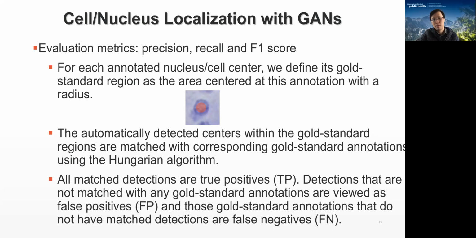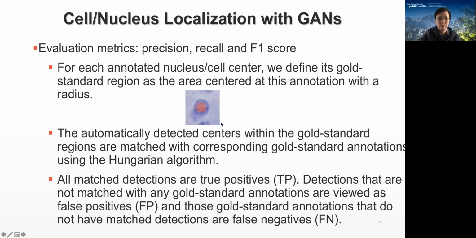For object detection it is a little bit different, and we define precision and recall in this way. For each annotation point in the images, we define the gold standard region, which has its center at this annotated point. And for any prediction inside this gold standard region, we say that this is a true positive. Otherwise, it will be a false positive.